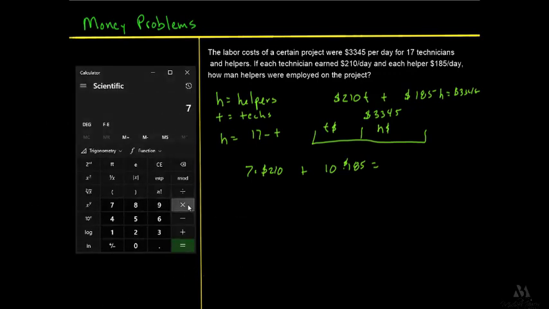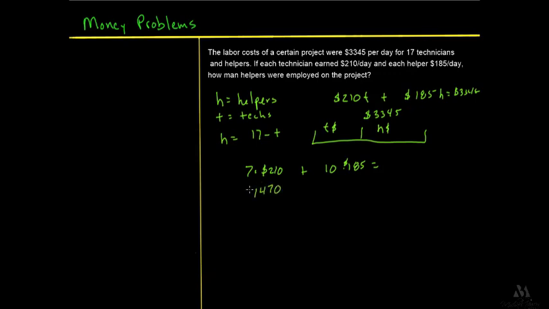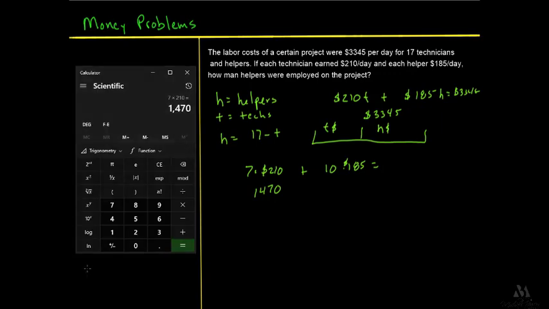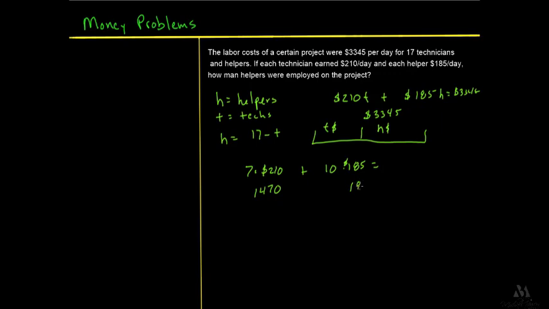So 7 times 210 is 1,470. And 10 times 185 equals 1850.